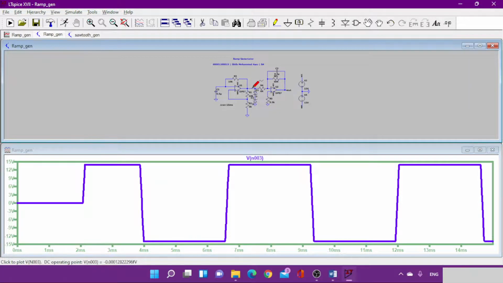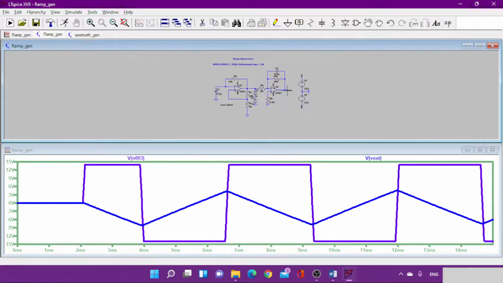So here I'm getting a square waveform as I've shown you, and here I'm getting a triangular waveform. The square wave output is being provided from my astable multivibrator, and due to the addition of this new second stage, I'm getting this sort of triangular waveform at my output.